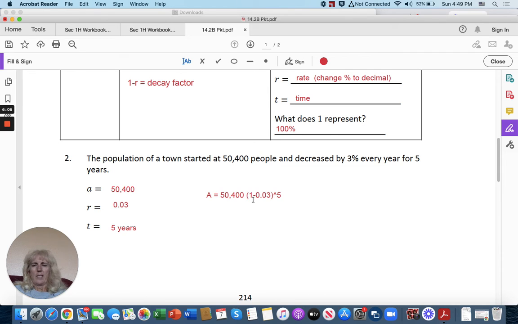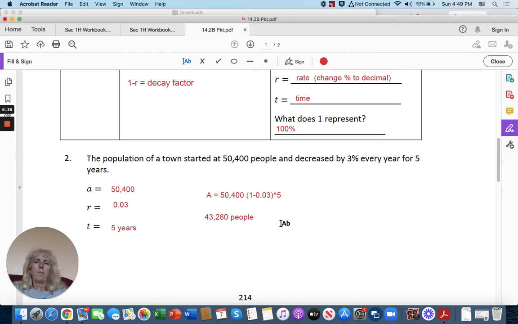We're going to raise that to the power 5 equals, you get a big old long decimal, and then you times that by 50,400. Okay, so I get a decimal, and I need to round it to the nearest whole number, because you can't have 0.1949 of a person. So when I round it, I get 43,280 people.